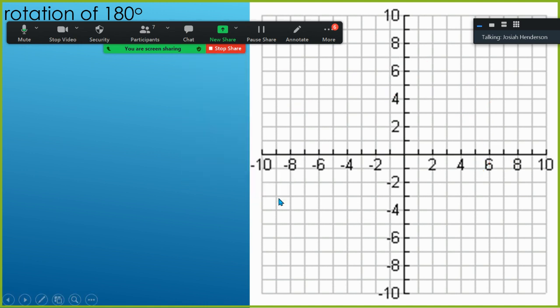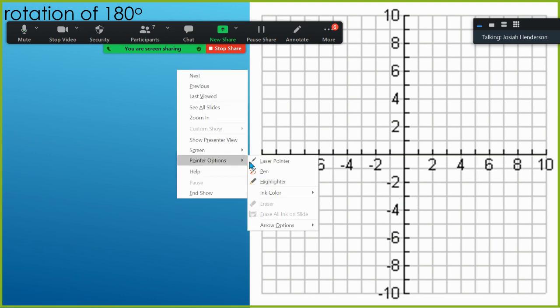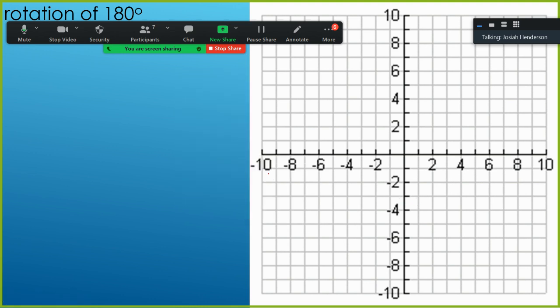So I'm going to delete that and try the same thing with our triangle. And we were at 3, 1, 5, 1, and 3, 5. Okay, I guess I was piddling around too much on GeoGebra, so we'll just do this by hand.